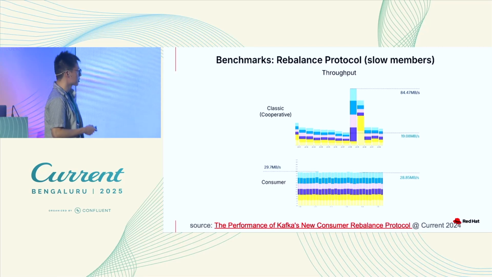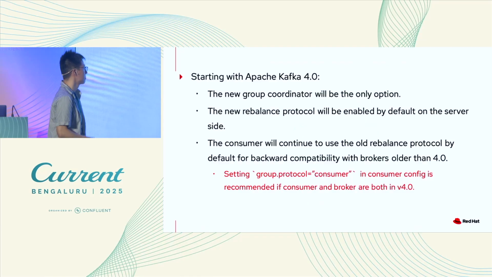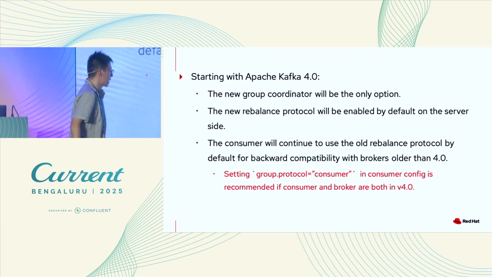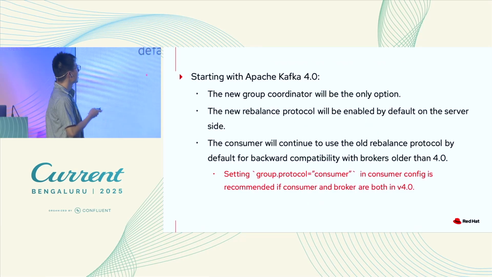And what does that mean to users? It means after 4.0, the broker side will have the new group coordinator ready, and the new rebalance protocol will be enabled by default.